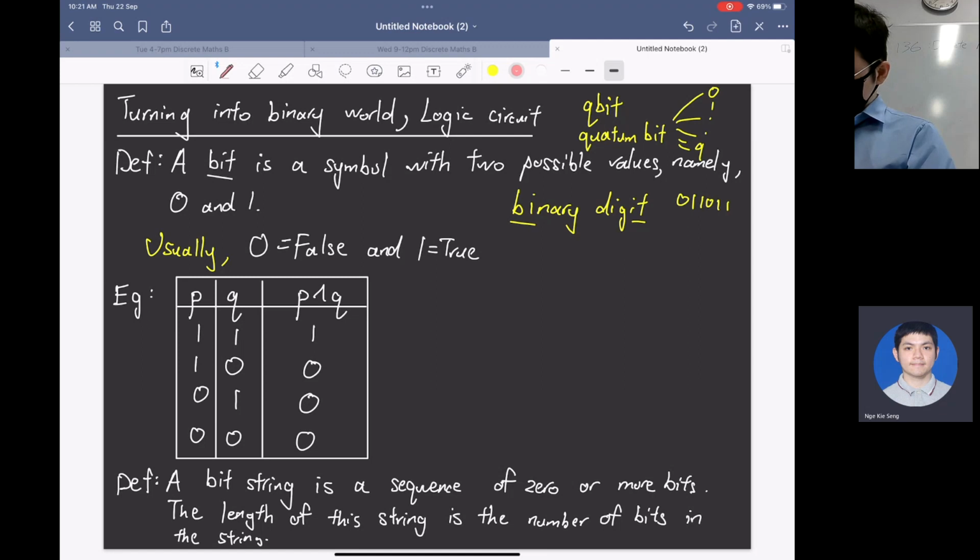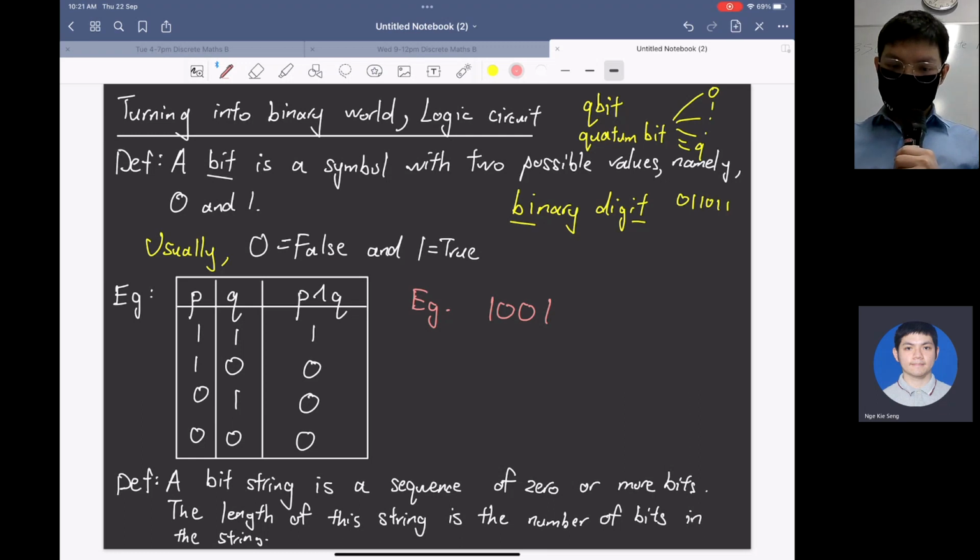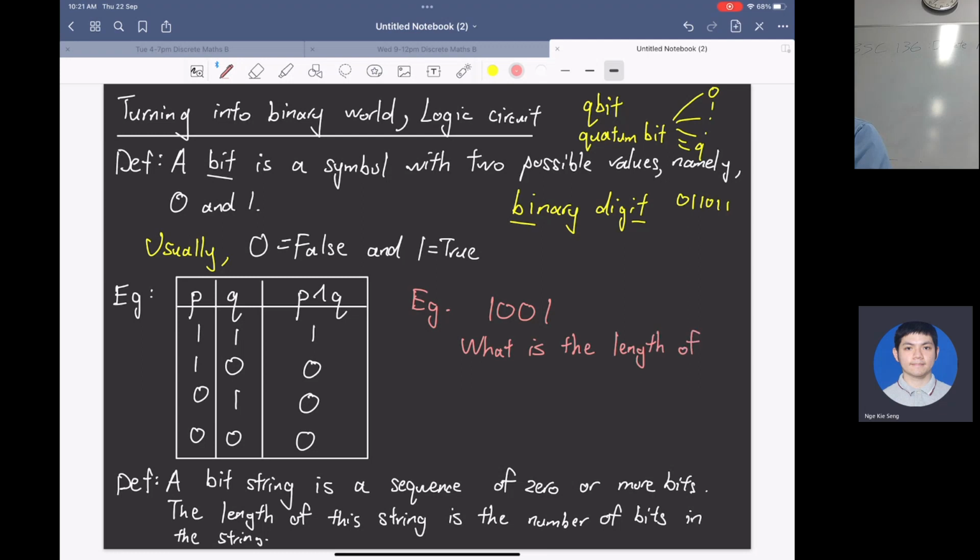So for example, what's the length of this bit string here? 1001. What is the length of 1001? Anyone know? Louder? 4. Okay, it's 4. Why? Because you got 1, 2, 3, 4.